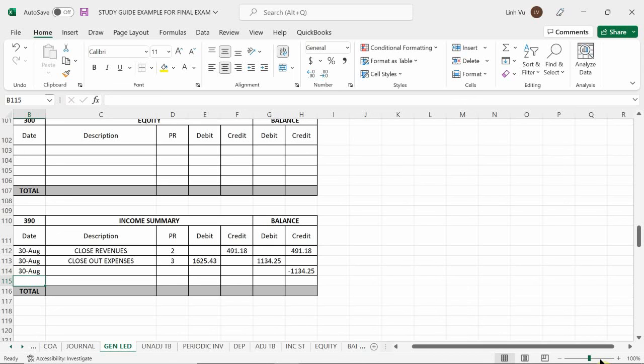Remember from my worksheet, where does that net loss get taken out from? It's going to be your equity. So in this case, if I have a debit balance, how am I going to zero out my income summary?